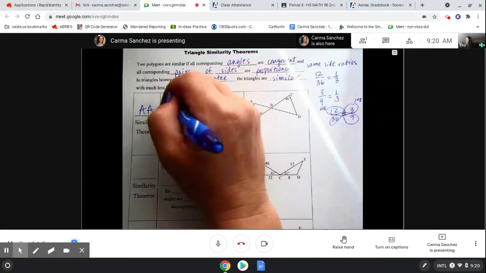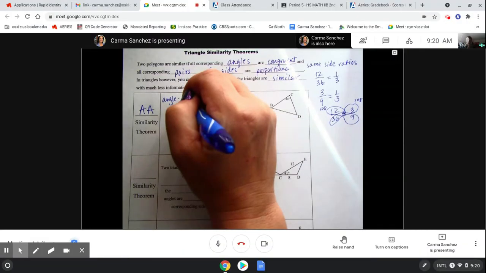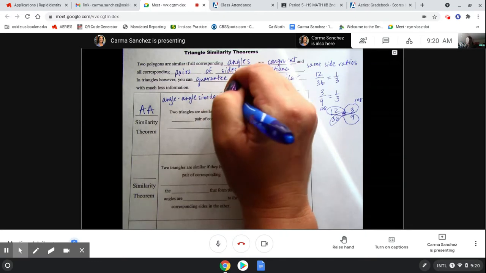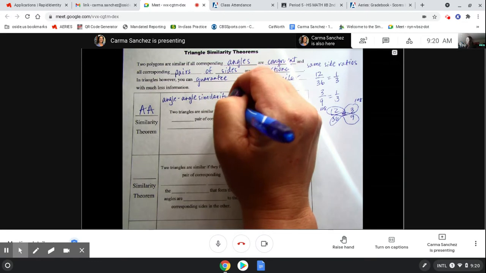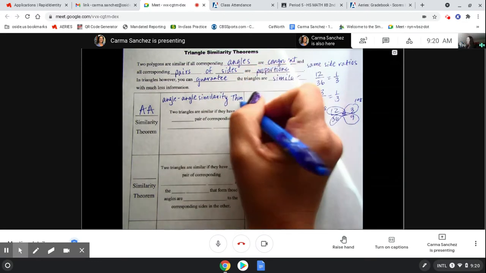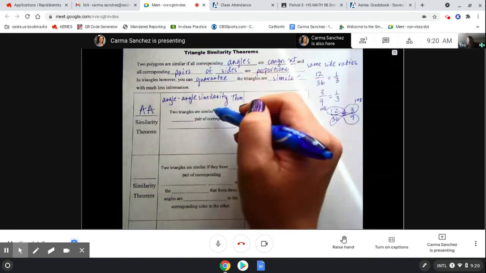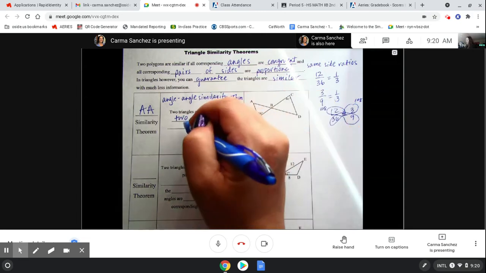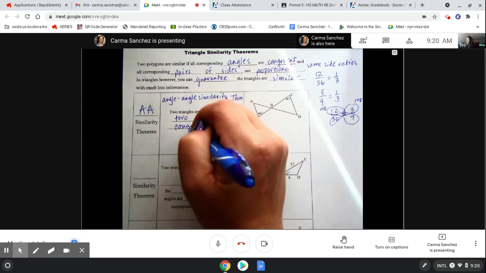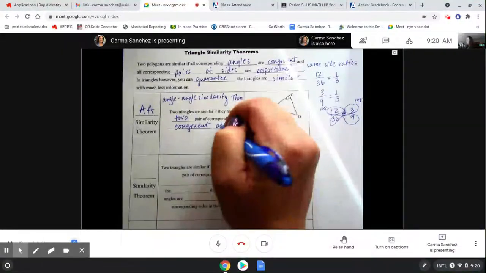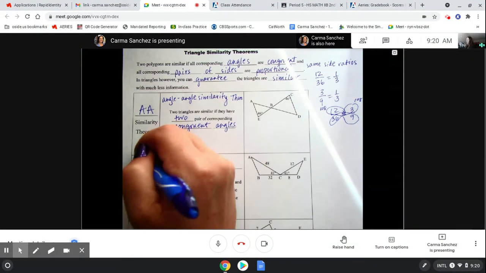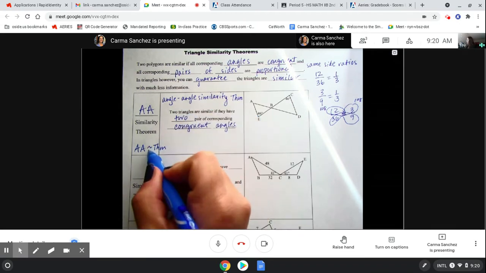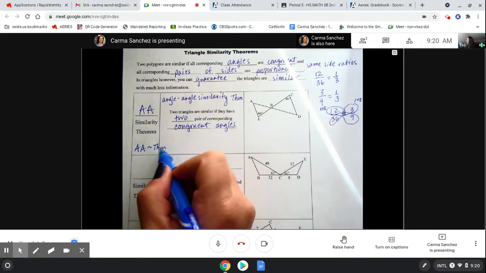That stands for angle, angle. Two triangles are similar if they have two pairs of corresponding congruent angles. And the way we would write this is AA Similarity Theorem. This is our symbol for similarity, and this is the abbreviation for theorem.